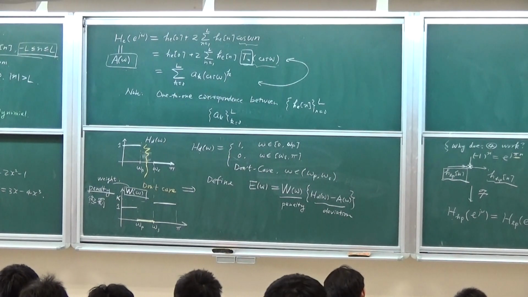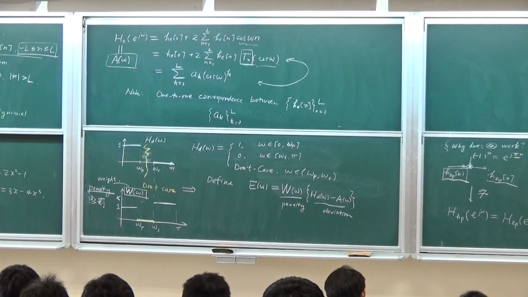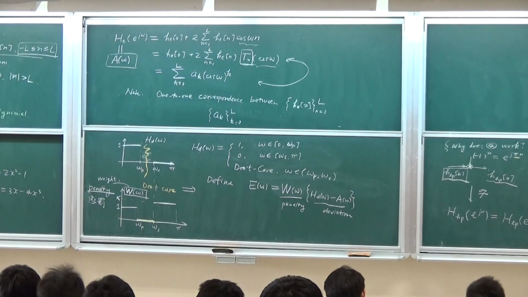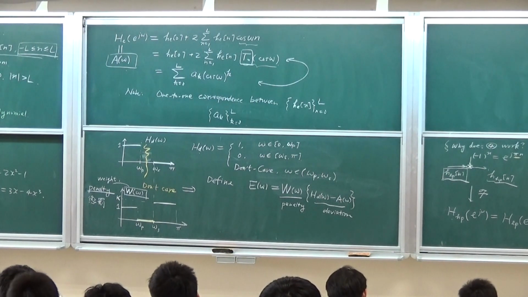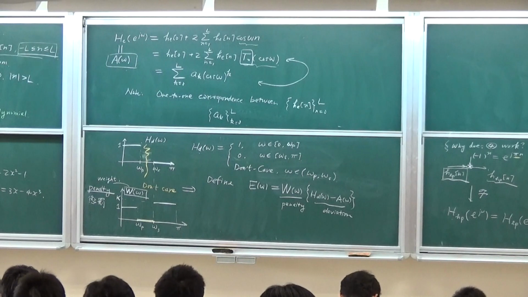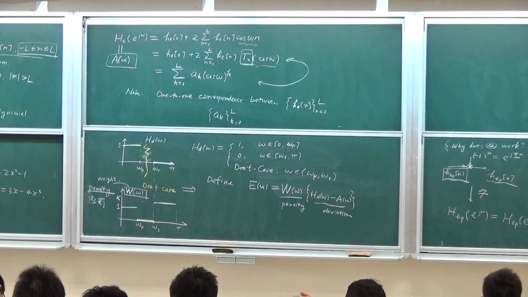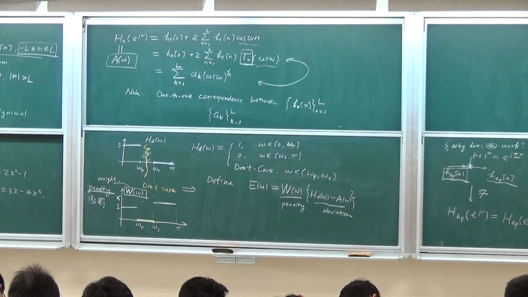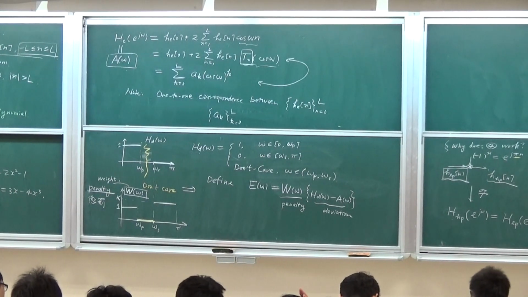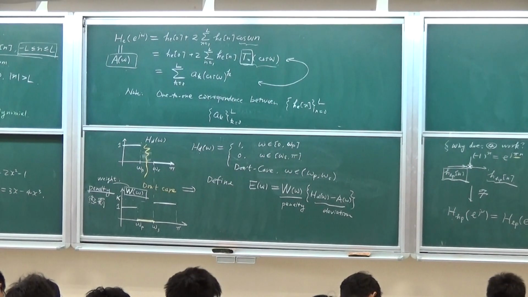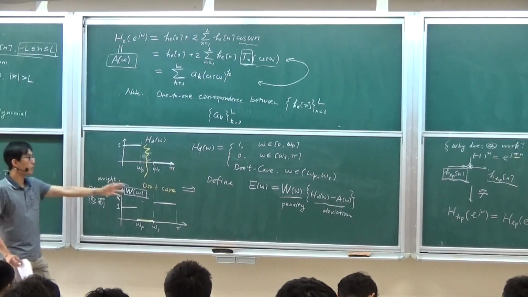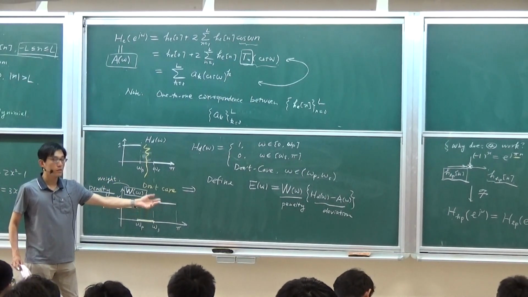Let me say that again. How do we formulate design as an optimization problem? Now we have a cost function. The objective is to find the set of samples such that this cost function is minimized in a certain way.